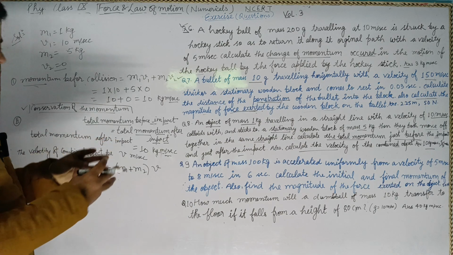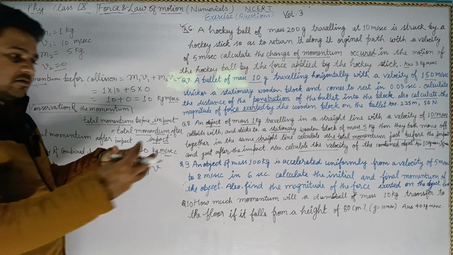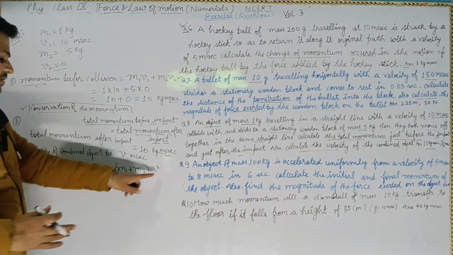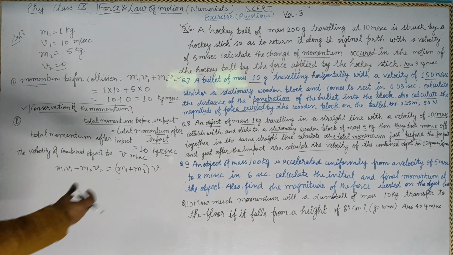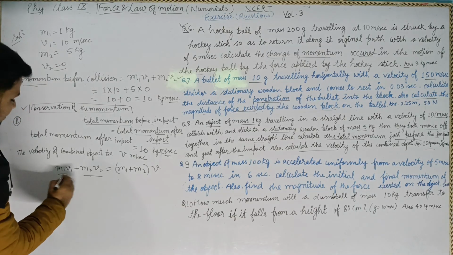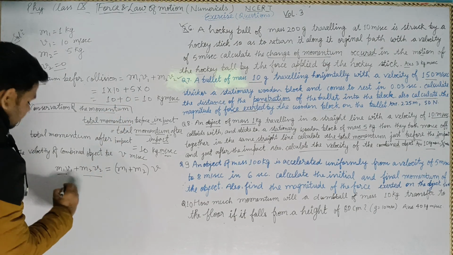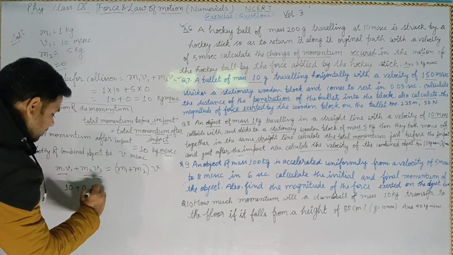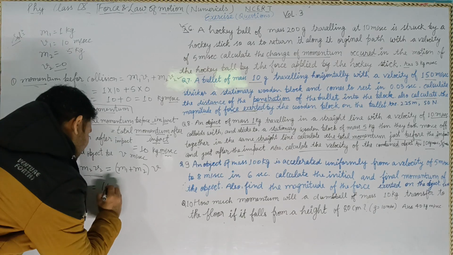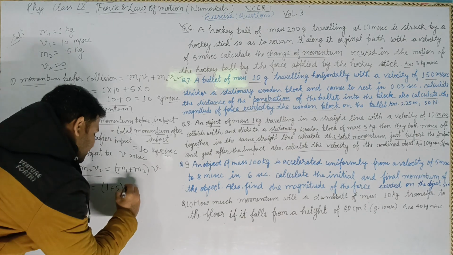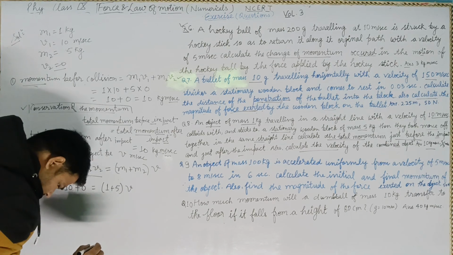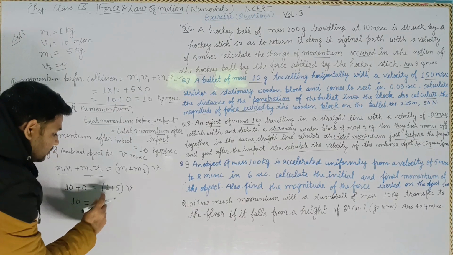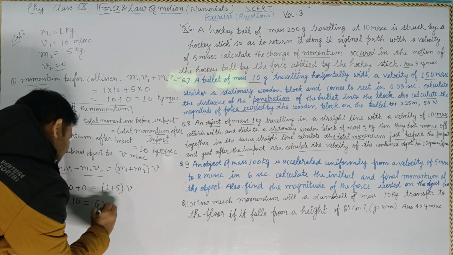After collision, both the object and block come together and they both go in the same direction with the velocity of v. In this way we find that v2 is 0 and v1 is 10, so the momentum is 10. It is 10 plus 0 is equal to m1 is 1 and m2 is 5, and we have to find v. 10 is equal to 5 plus 1, 6v.